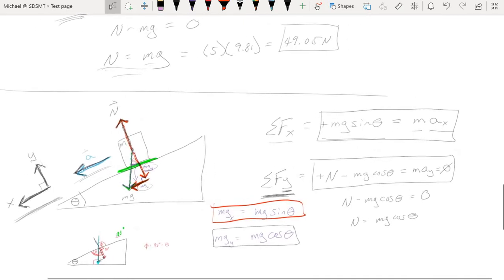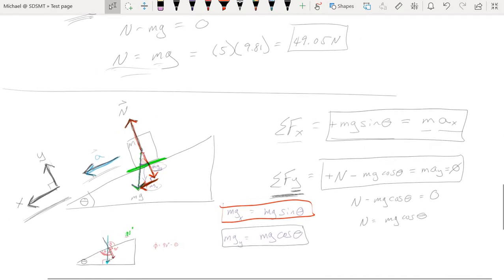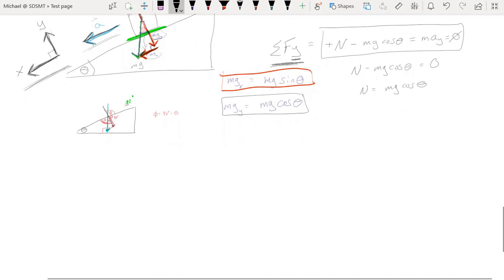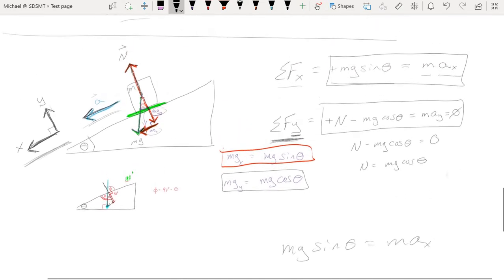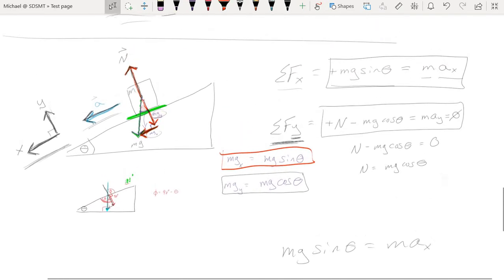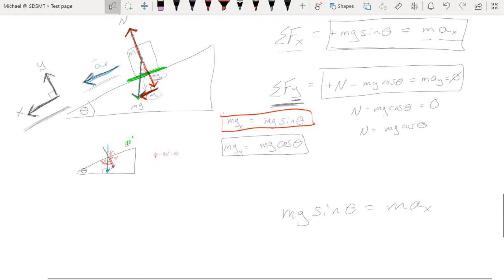And this makes it pretty easy to see what the acceleration down the incline is going to be, because all I have is mg sine theta equals m a_x. I'm calling this a_x because this is the acceleration along the x direction, but as we said, all of our acceleration was going to be in the x direction anyways.